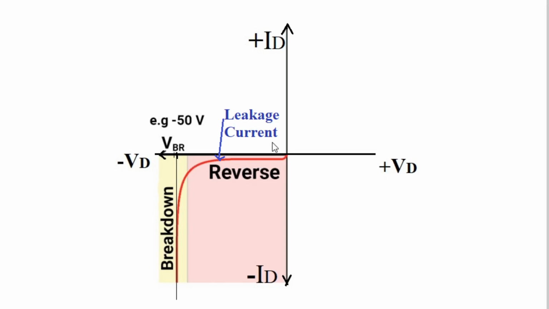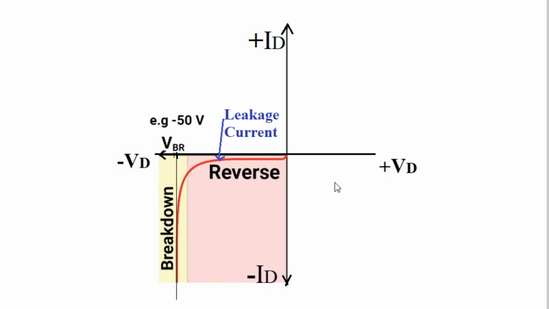So in this way, a small amount of leakage current starts flowing, and again you observe very carefully, the leakage current goes on increasing as reverse voltage goes minus 1, minus 5, minus 10, minus 20. As reverse voltage increases, the leakage current goes on increasing.